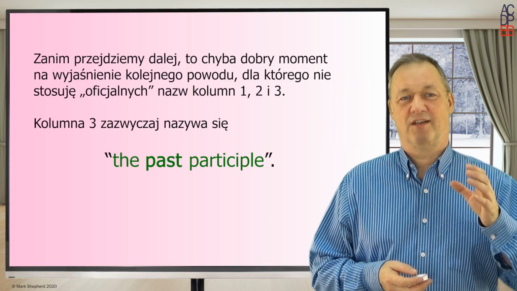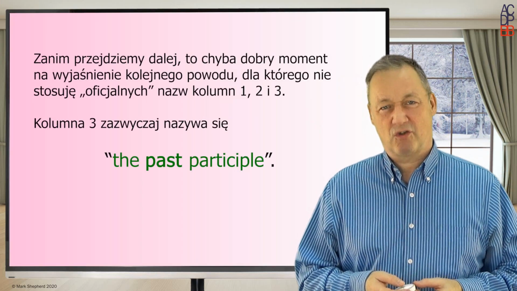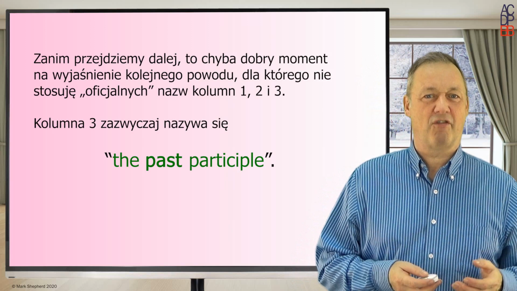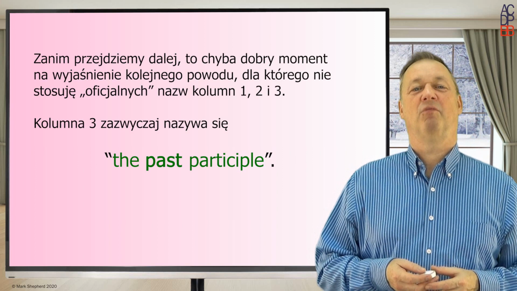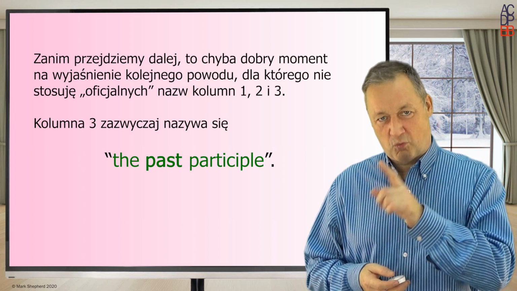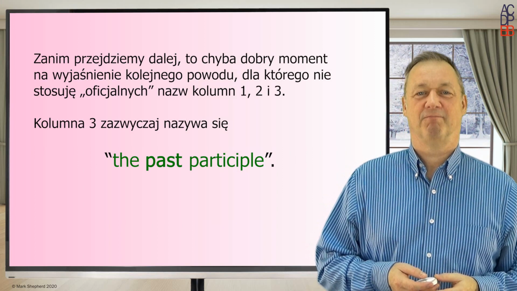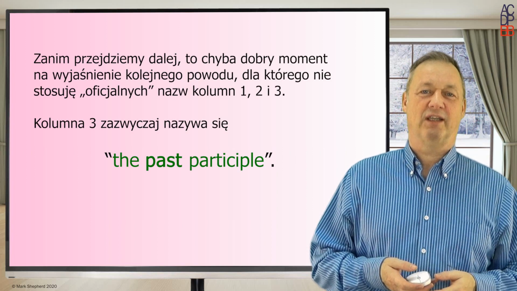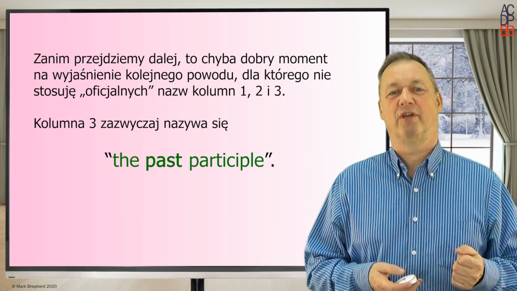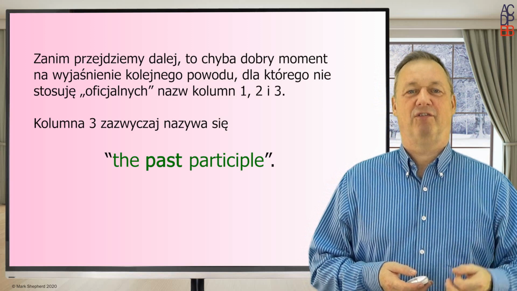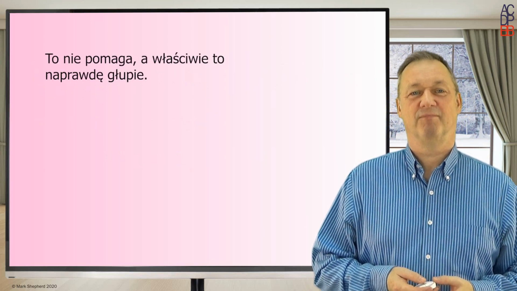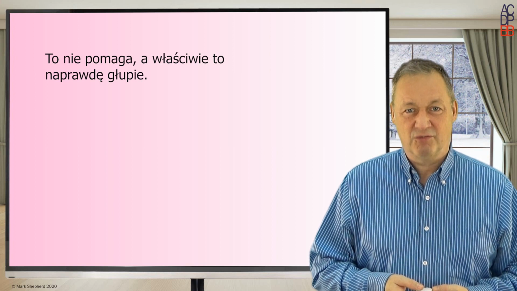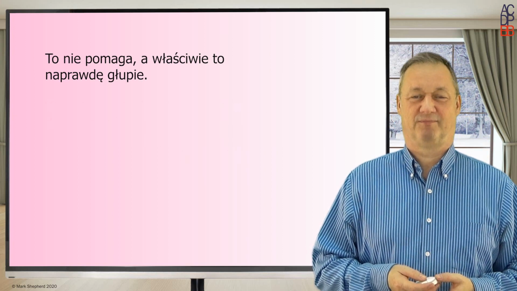Before we go any further, now would be a good time to tell you the other reason I don't use the official names for columns 1, 2 and 3. Column 3 is usually called the past participle. This is not helpful. In fact, it's really stupid.